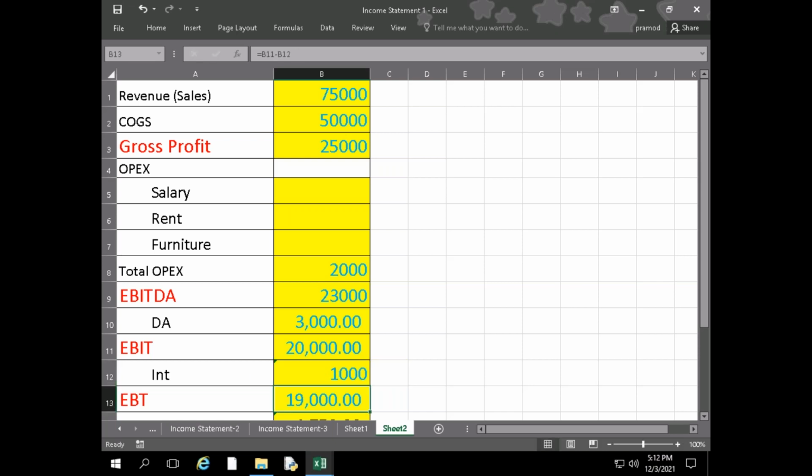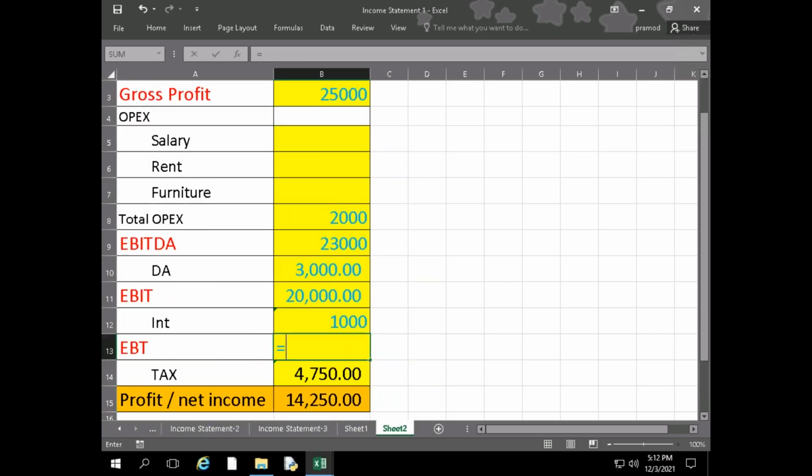Then EBT will be EBIT minus interest, 19,000. Tax, they told 25%, that is on EBT into 25%. So the last will be EBT minus tax.